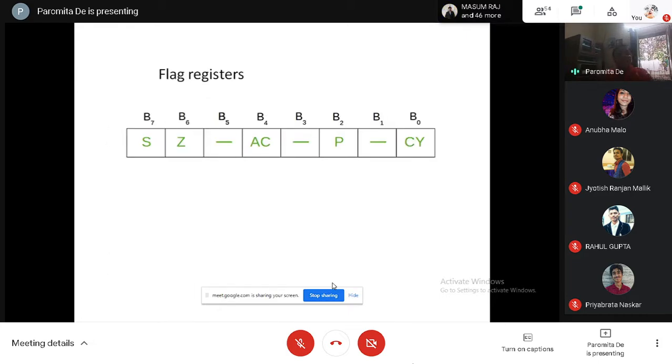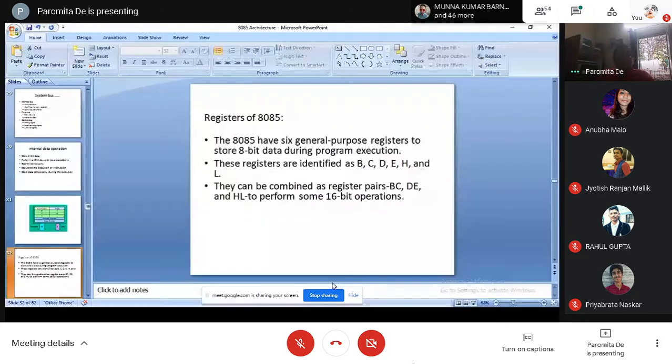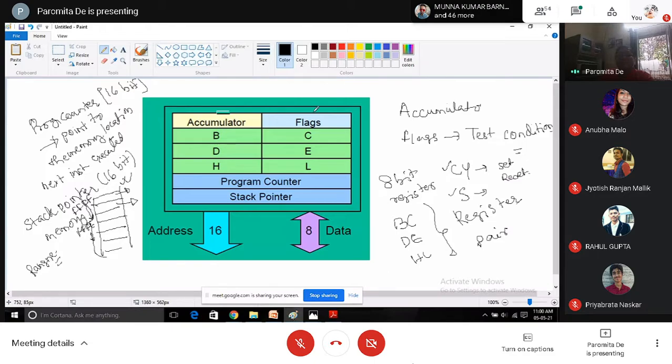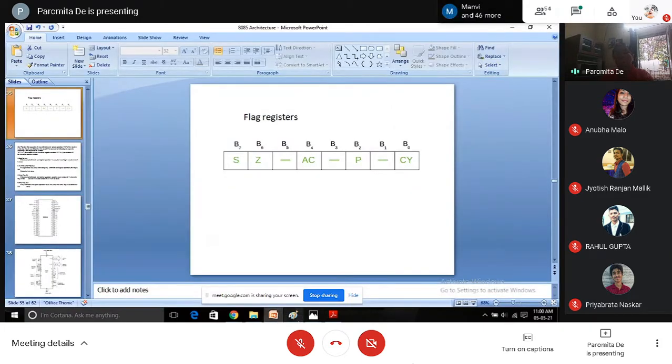Then we also saw here that there were some flags. These are the flags here.